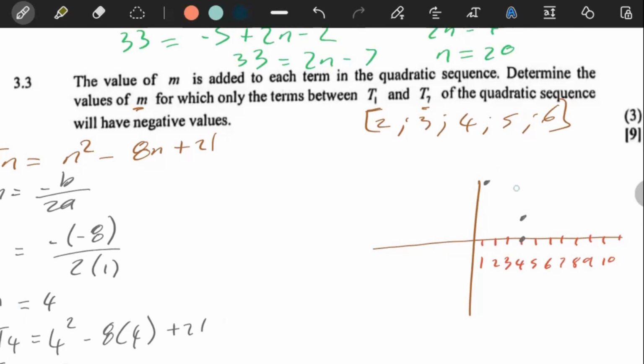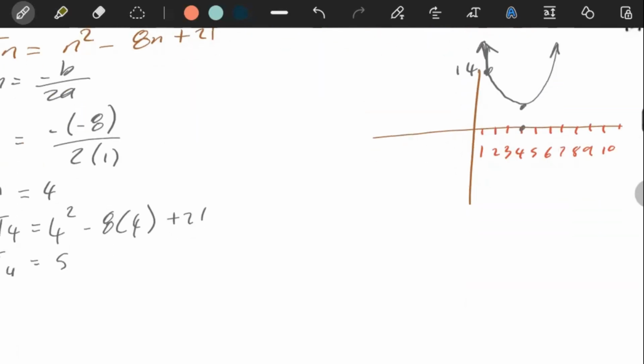So that's like somewhere there. So we know it comes down, it turns, and then it goes back up. Fine. So this is what our image looks like, whether we like it or not. What we know is that at 1, this is a y value of 14. Out of curiosity, let's check the y value at 7, right? So t7, that's 7 squared minus 8, 7 plus 21.